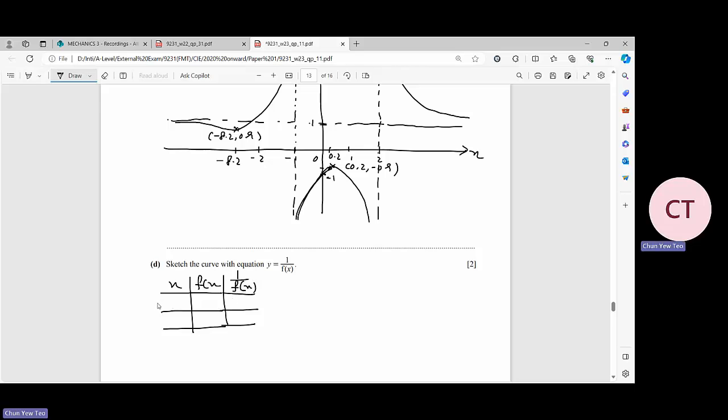Originally, we have the point (negative 8.2, 0.9). If you have 1 over f(x), then you get (negative 8.2, 1.08). Then originally you have 0.2, this one will be negative 0.9. This one will be negative 1.08.